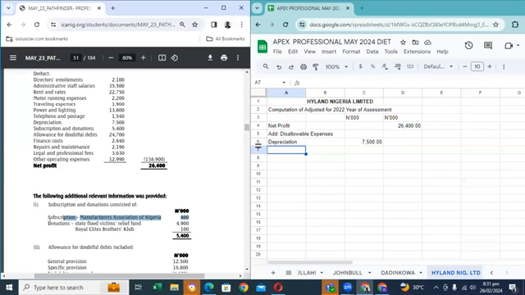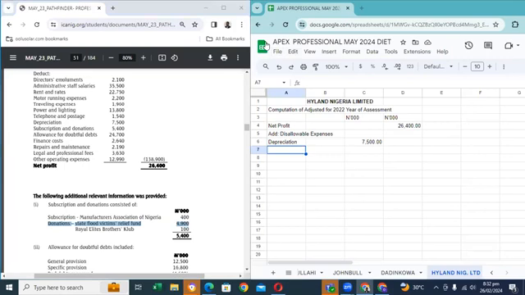Donations to State Flood Victims Relief Fund. This is a fund created by the government, and the law provides that the donation should not exceed 10% of the allowable expenses. But if we check 4,900, it's no more.